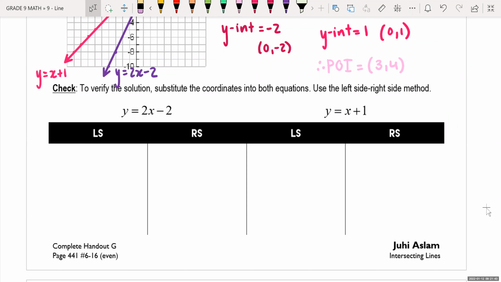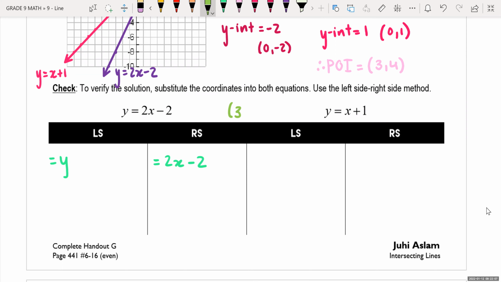For the first equation, the left side of the equation is just y. So I'm going to write that down on the left side over here. I'm going to write down this is y. And for this one, the right side of the equation, it's 2x minus 2. And now I'm going to be using the point that we got up here. So maybe I'll just write it over here.